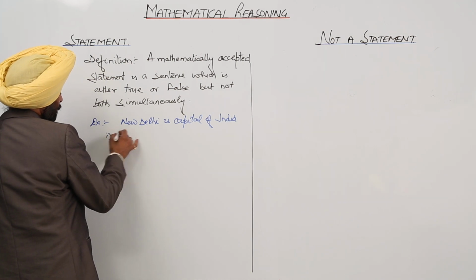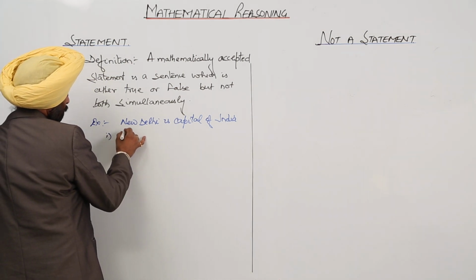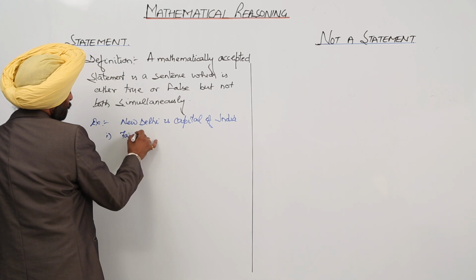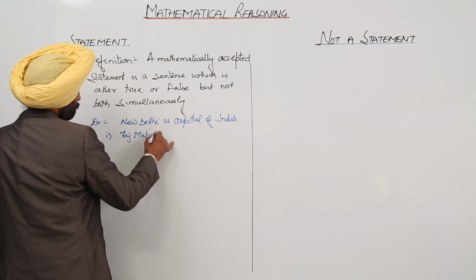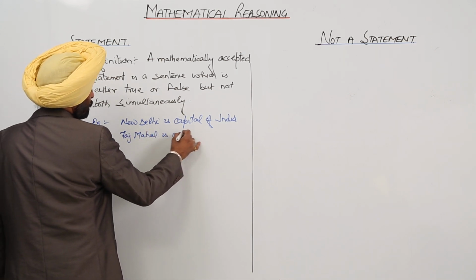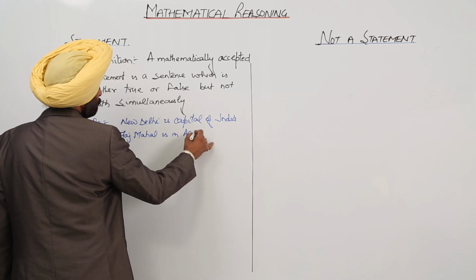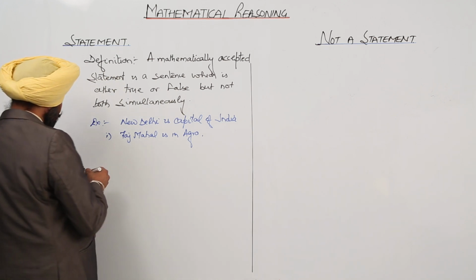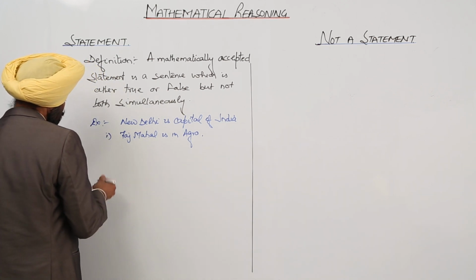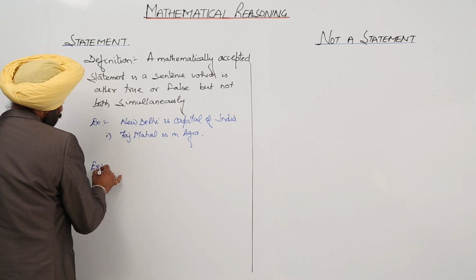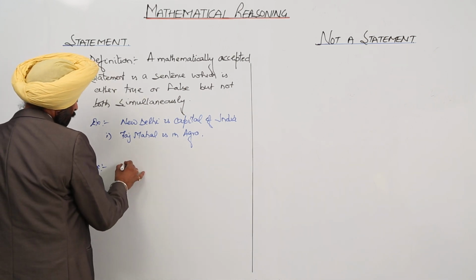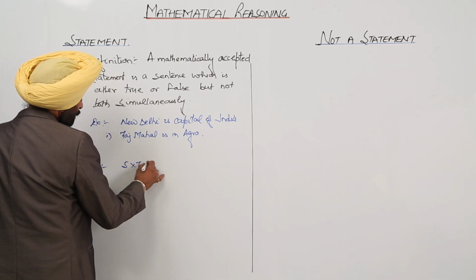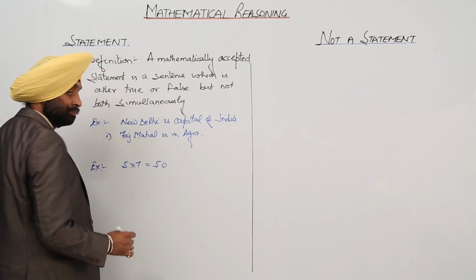The next example can be: the Taj Mahal is in Agra and Agra is in India. Okay, then we can have the example 5 times 7 is equal to 50.